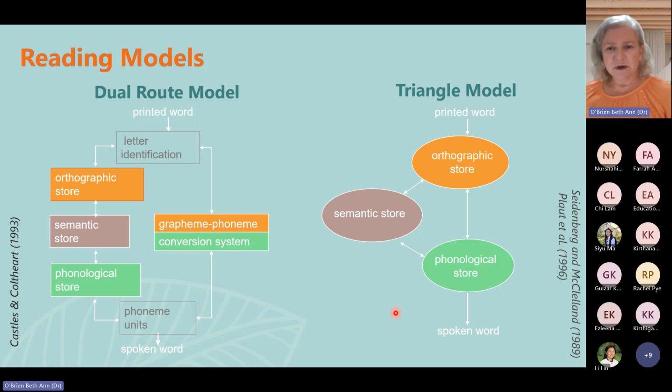This involves a set of linked or interconnected mental representations. So again, while it's modeled on a computer, it's supposed to be the metaphor for what the brain does. So it suggests that we have different types of mental representations that store information about words: meaning, the semantic store; their print, the orthographic store; and then their sound, the phonological store.